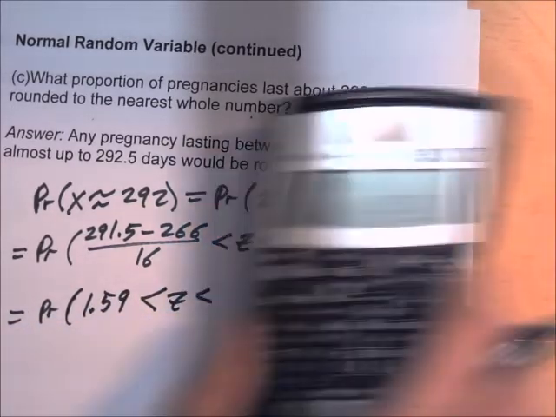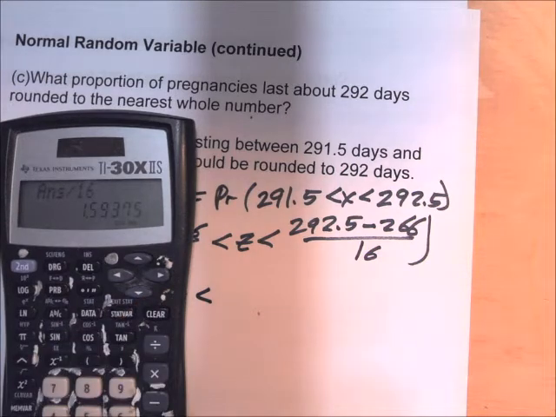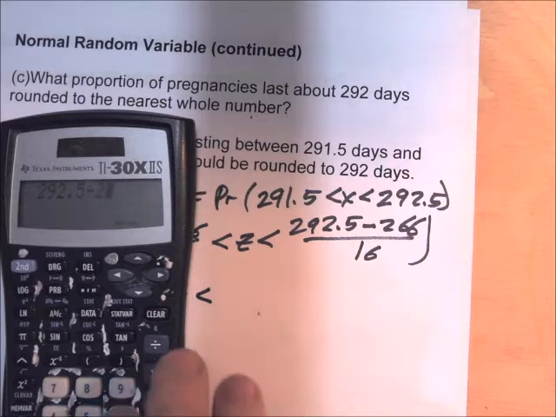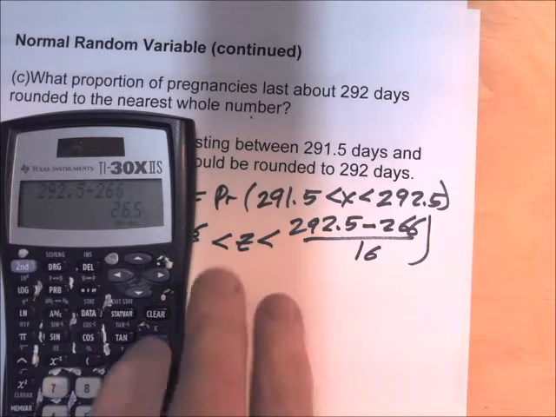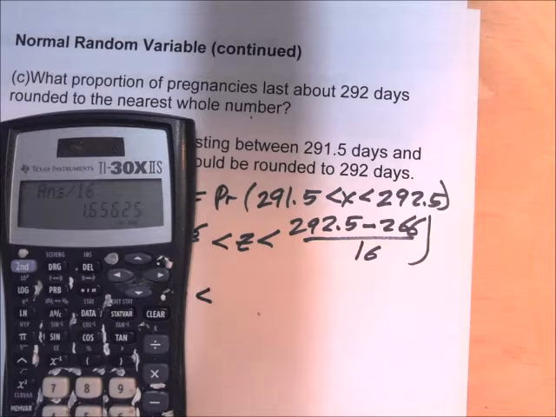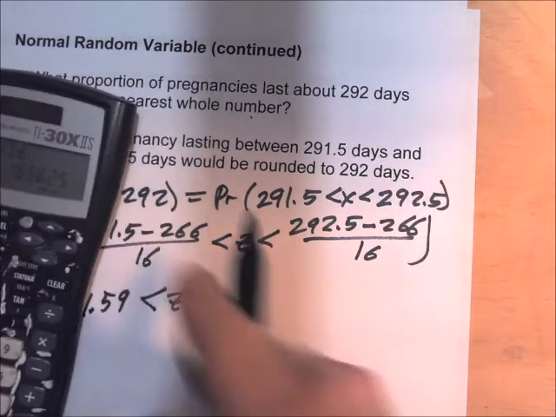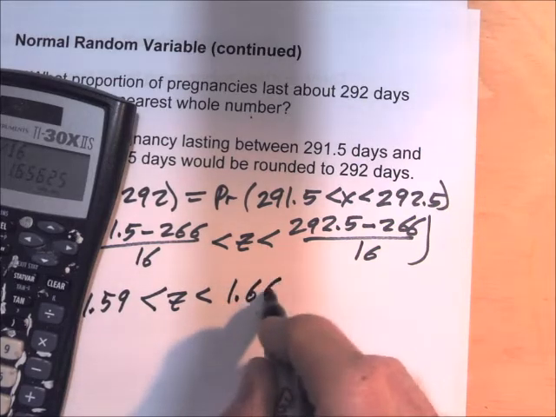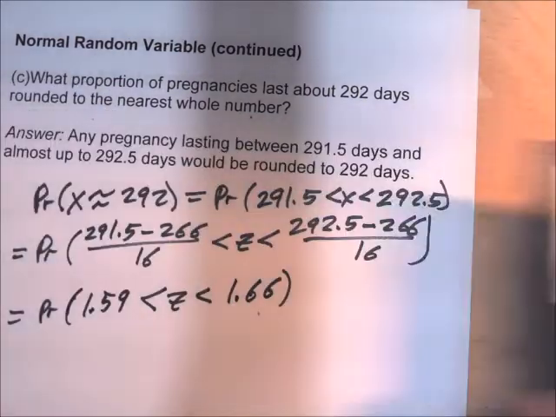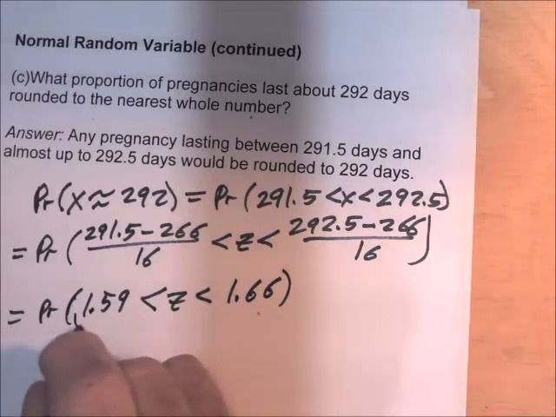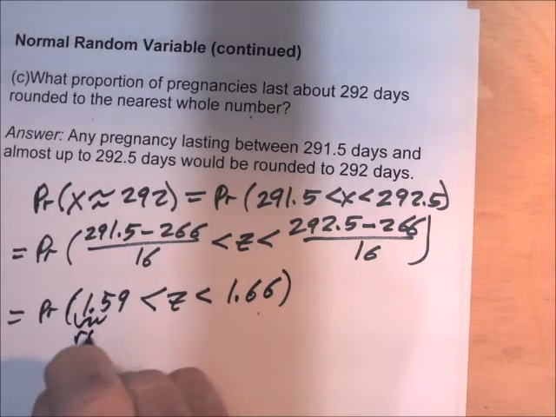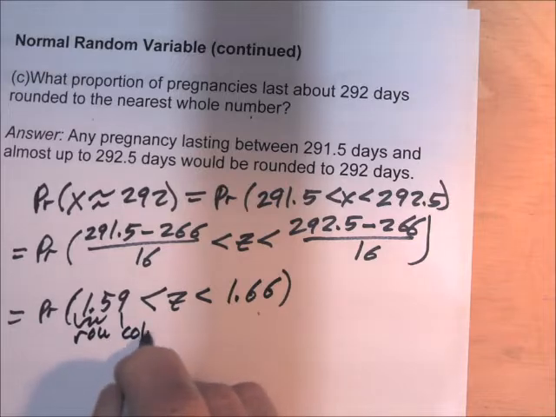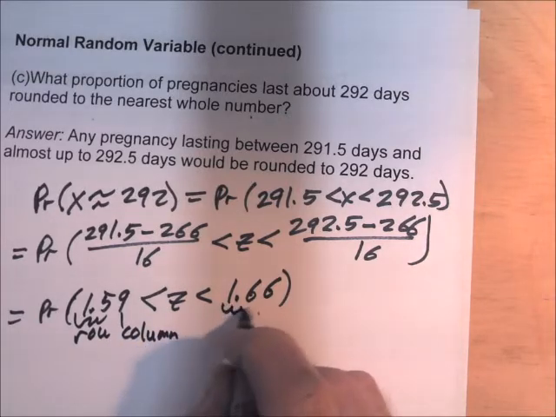And then the other z-score, 292.5 minus 266 equals, divided by 16 equals approximately 1.66. Okay. So then we want to look at row 1.5, column 9, and row 1.6, column 6.